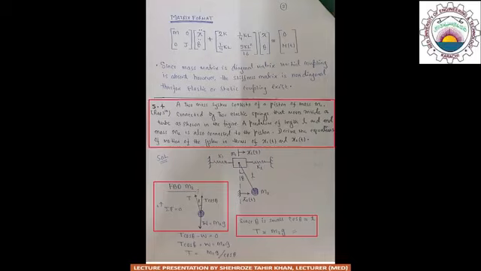So this is the equation of motion for the second mass, and in this equation only vertical forces acting on the pendulum are considered. So in the next equation we will consider the horizontal forces acting on the pendulum.